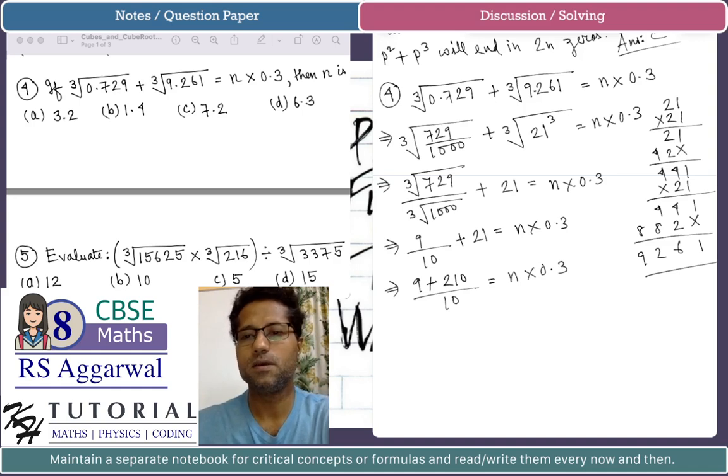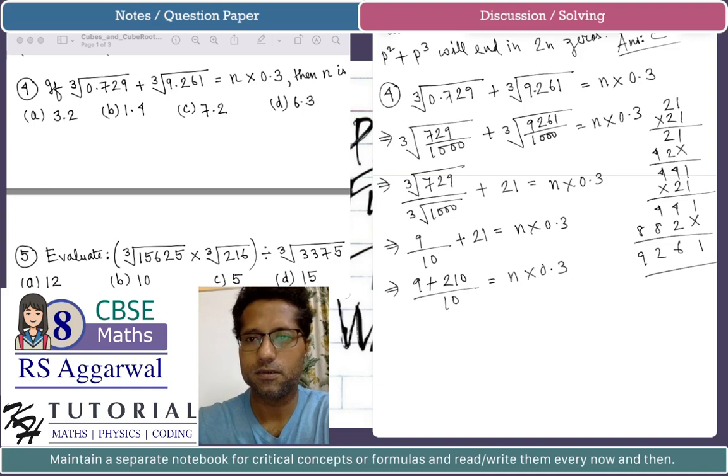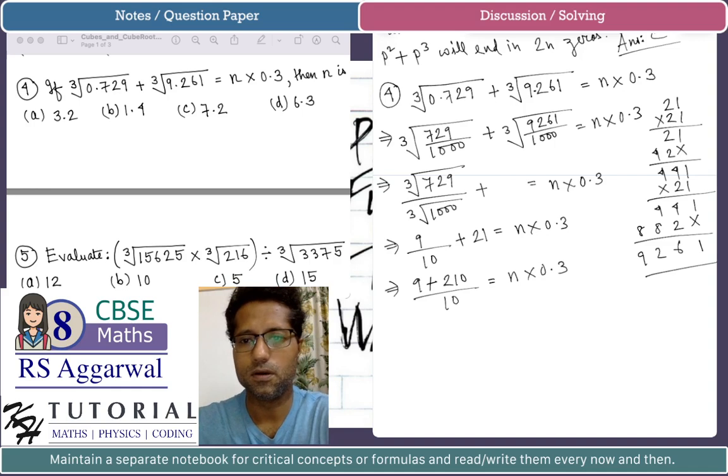I did it wrong. 9.261 is 9261 divided by 1000, and so now we can write it as cube root of 9261 divided by cube root of 1000.